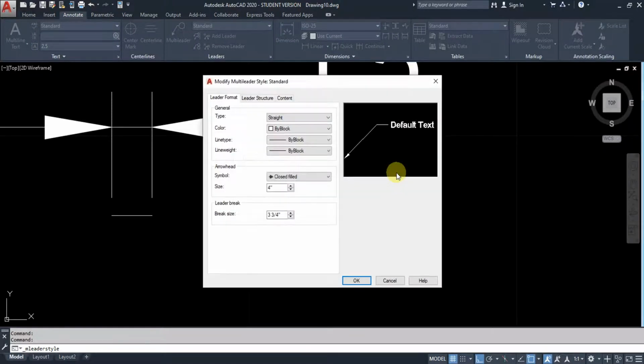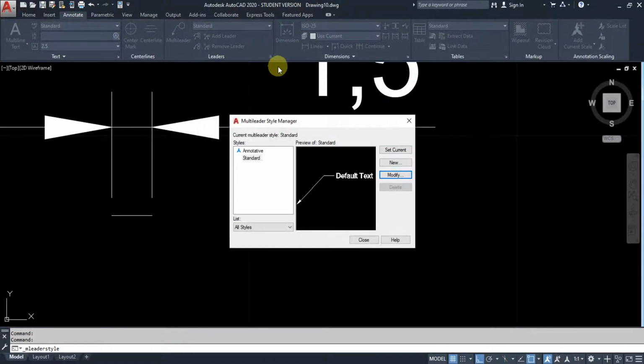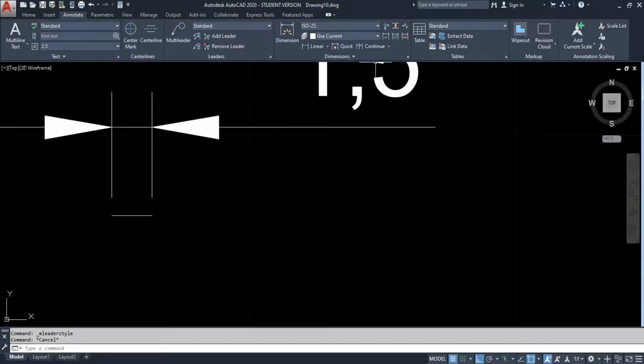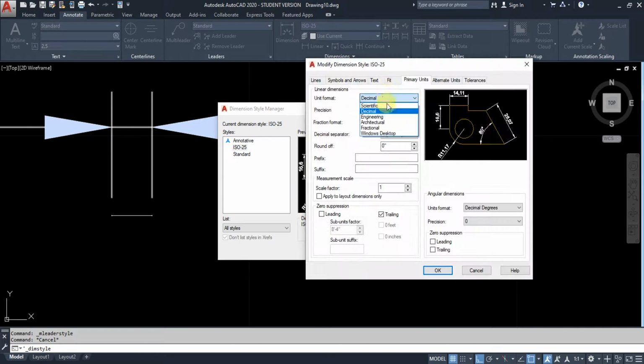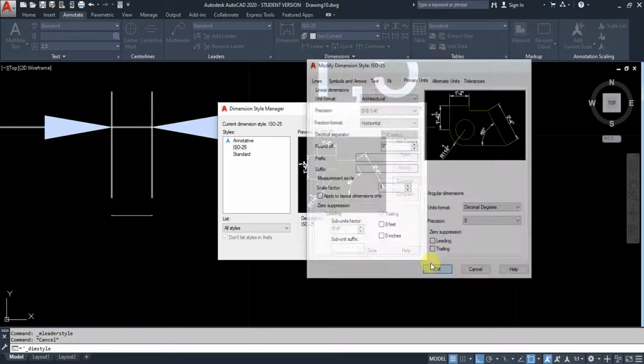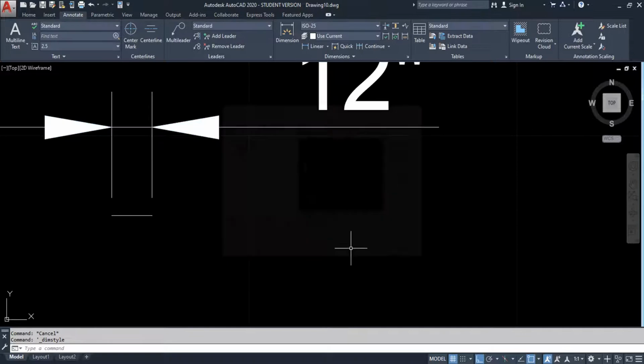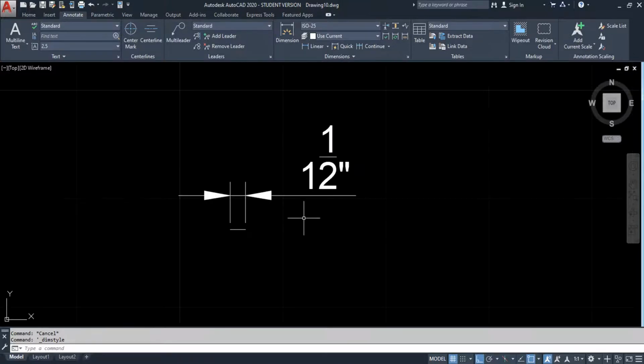So now I'm going to change into architectural. So we can see 1 by 2 inches.